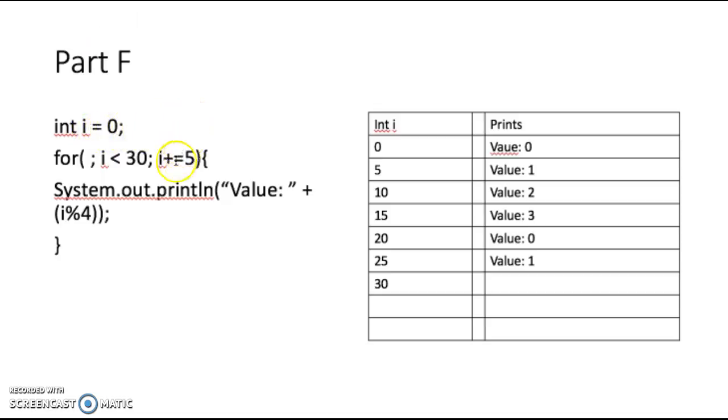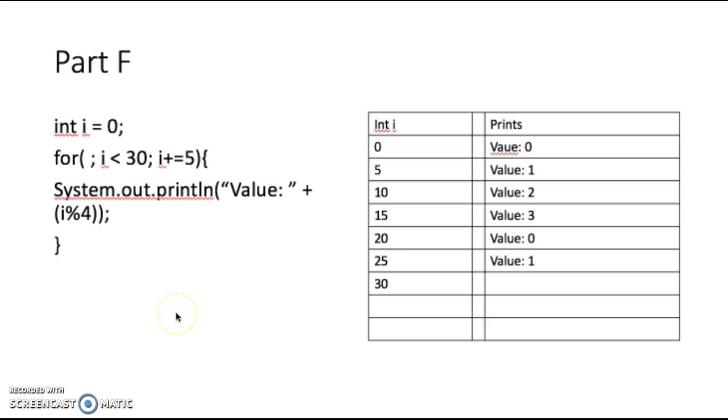And then we know that as long as I is less than 30, we're going to add 5 to each value. And every time we print, we're going to print out the value colon, and then whatever I is equal to, divided by 4, and that remainder will be printed out.